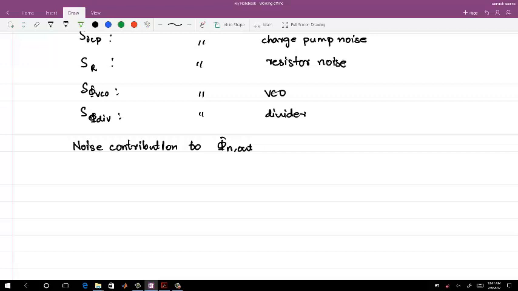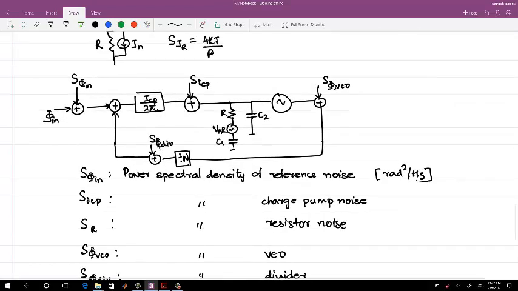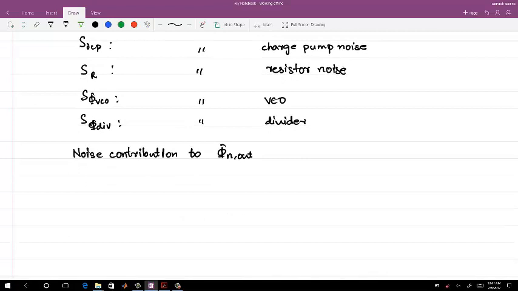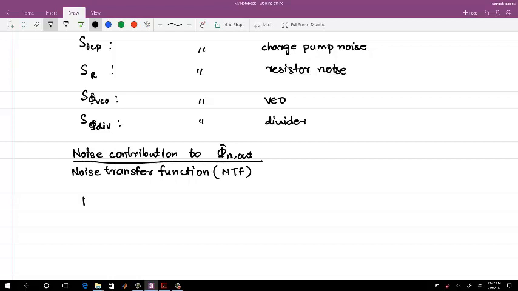Pardon? Find out the transfer function from wherever the point is where the noise is being injected to the output. Those things are called noise transfer function or NTF. So let's now start with the NTF of the input.